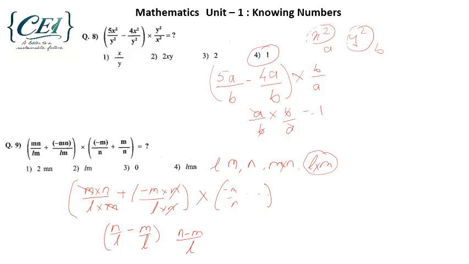Now let us solve the second part. Here minus sign is inside, minus m upon n plus m upon n. So if we add the same numbers, okay, they are additive inverses, this answer is 0.